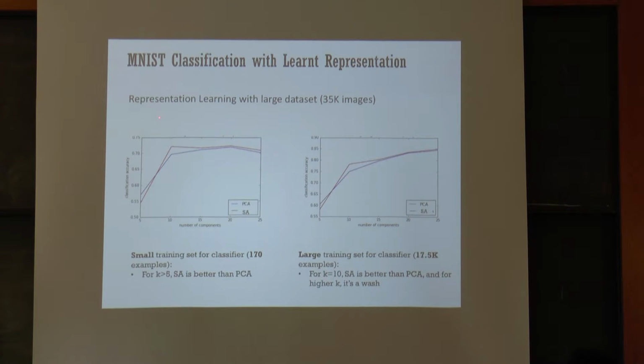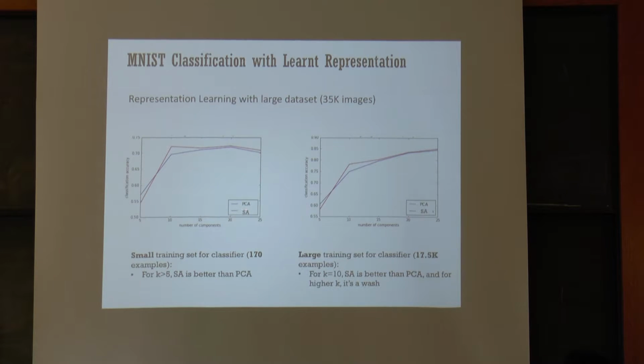We do unsupervised learning using this algebraic manifold idea with a large data set, like 35K images. After we learn the representation, we solve the supervised task on only a small number of examples, like 170 examples on the left-hand side.